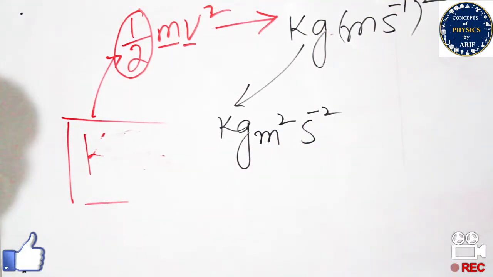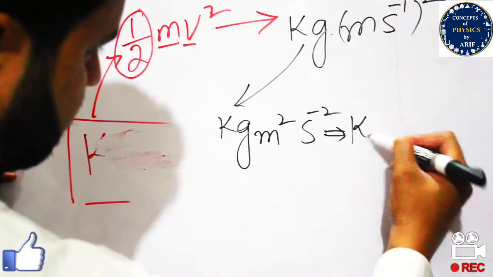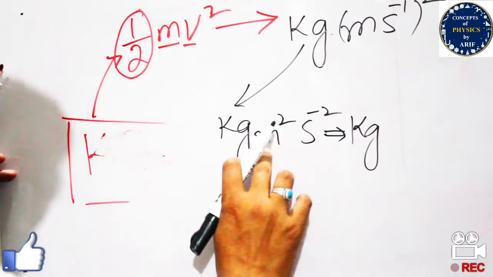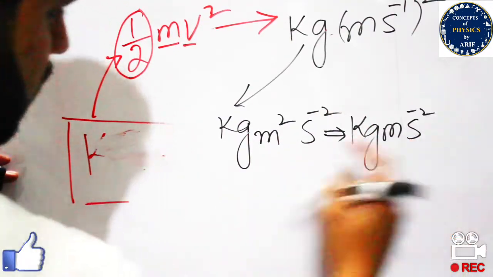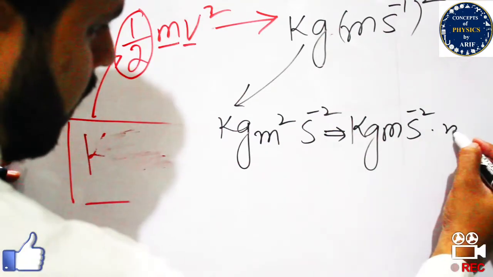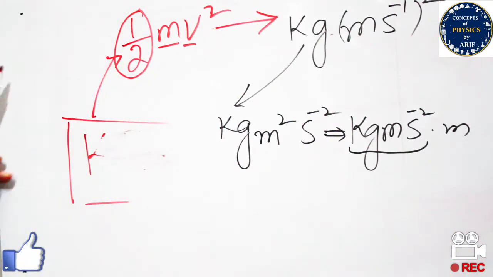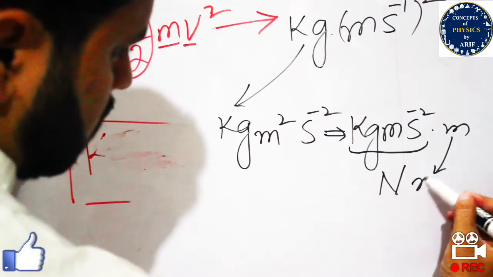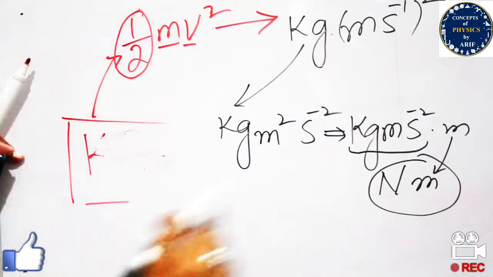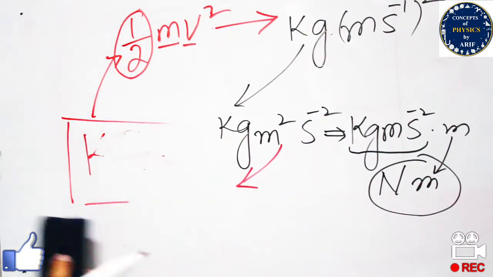It is an SI unit, or we can separate this: kilogram meter is separated, meter and second square, and this 1 meter is here. We know that kilogram meter per second square is the famous unit of Newton, and this is meter. So the SI unit is Newton meter, and from this expression we can find the dimension also.